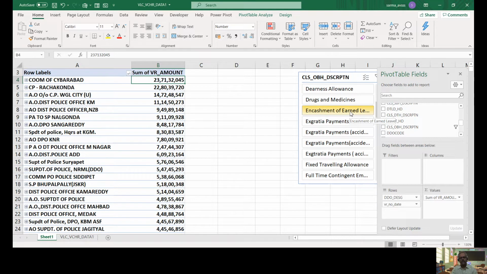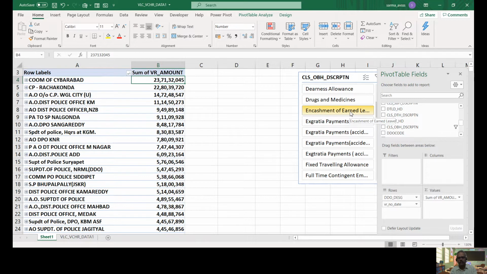So in this case, how do we establish that the amount is drawn properly or not without checking any records or vouchers? Here we don't have the employees working under each DDO and their salaries. But we know that pay plus DA is the criteria to compute the encashment of earned leave, right? So pay is there, DA is there, and encashment of earned leave is there.